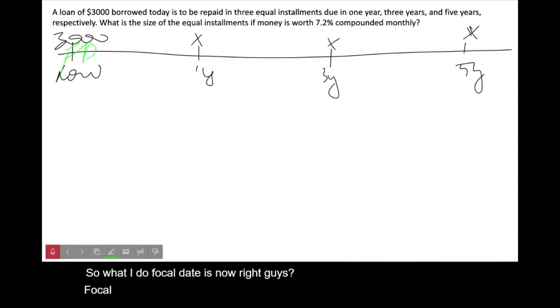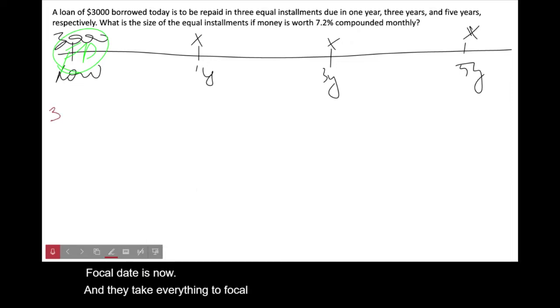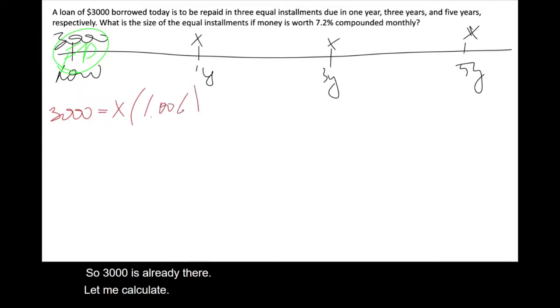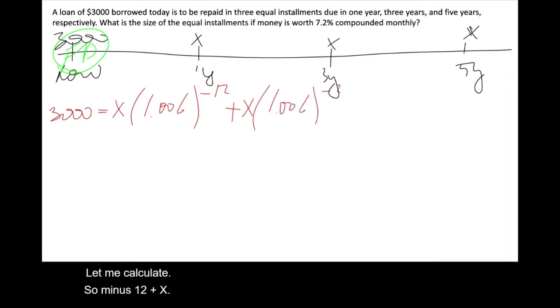Focal date is now, and I take everything to the focal date. So 3,000 is already there. Let me calculate. So exponent minus 12 plus X, exponent minus 36 plus X, exponent minus 60.